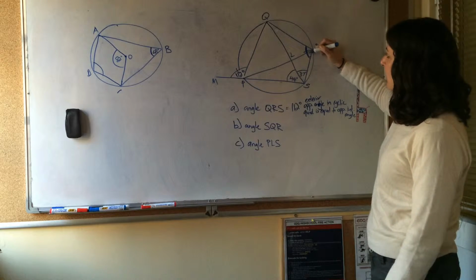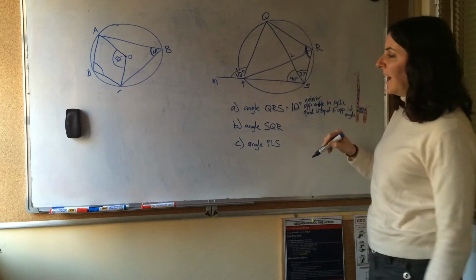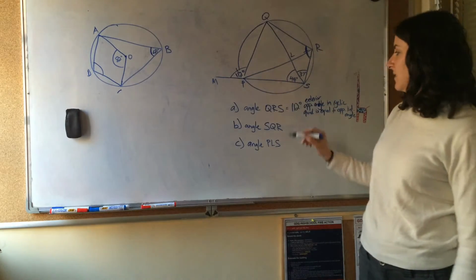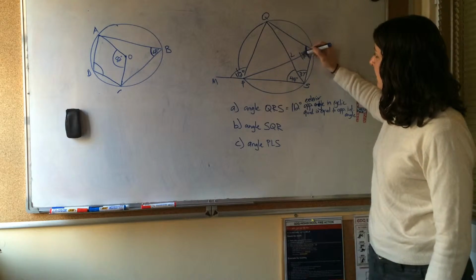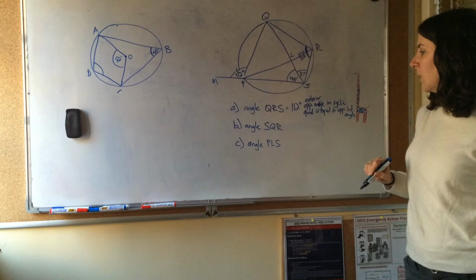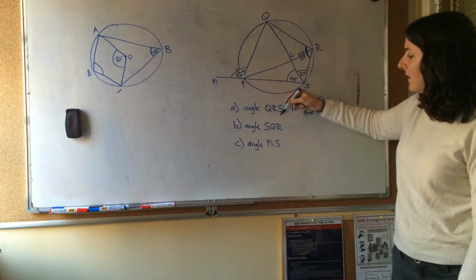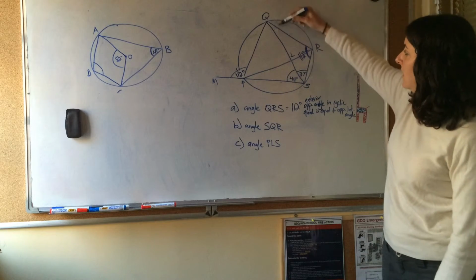So this angle is equal to the opposite exterior angle and vice versa. So this is 112 degrees. Okay? The next thing they're asking is angle SQR.